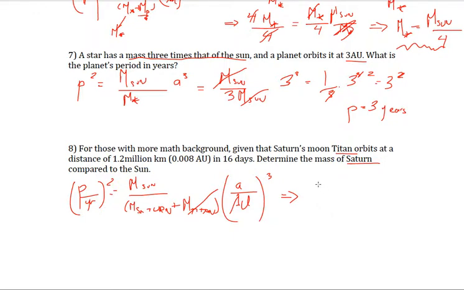So what we have here is 16 divided by 365, squared, equals m sun over m Saturn times 0.008 cubed.